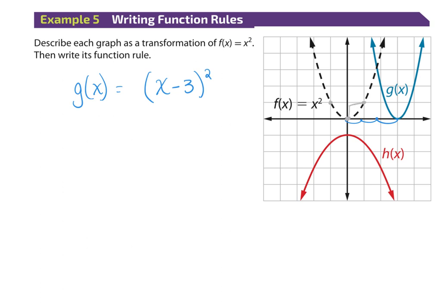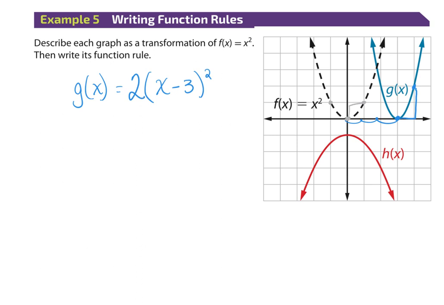Up 1, over 1. Everybody see that? But now if I look at the next one, if I go from here to my next crosshairs, it is 2, right? And that's how you know how much it stretched. It stretched by 2. And so this guy is going to look like that.